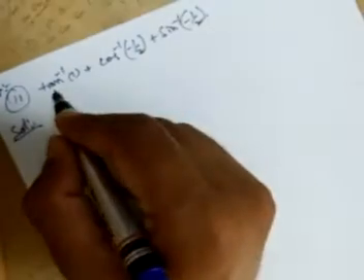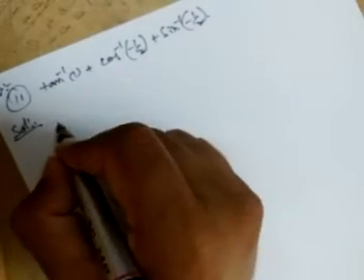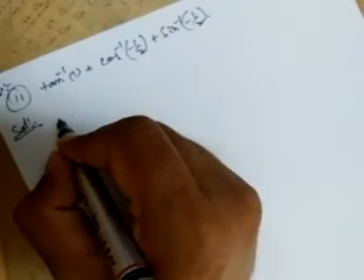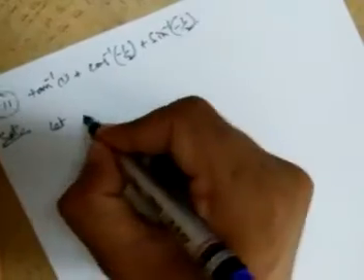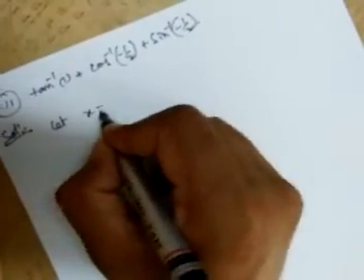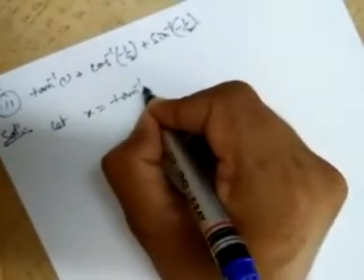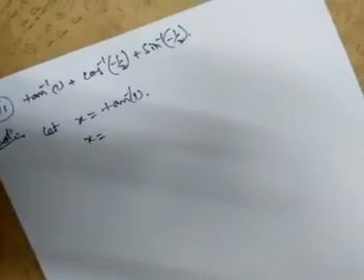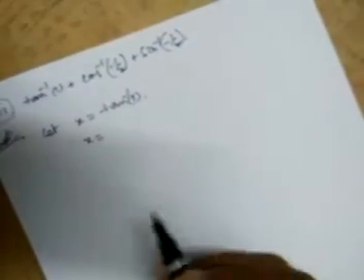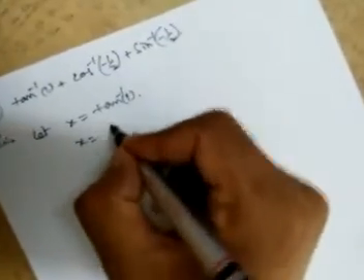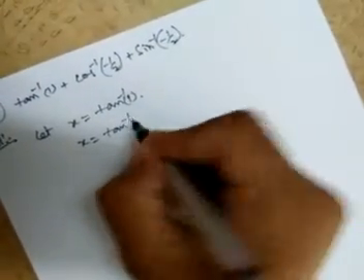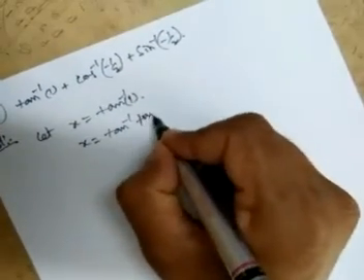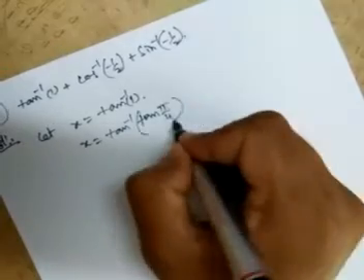So now I am taking the first term, that is tan inverse of 1. Let x equal tan inverse of 1. So x equals tan inverse of tan pi by 4.